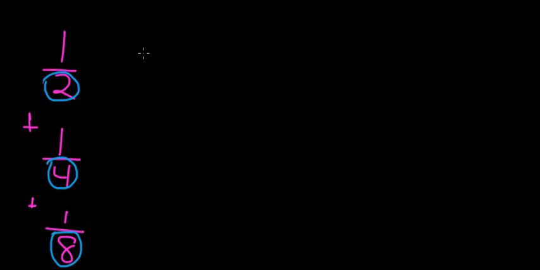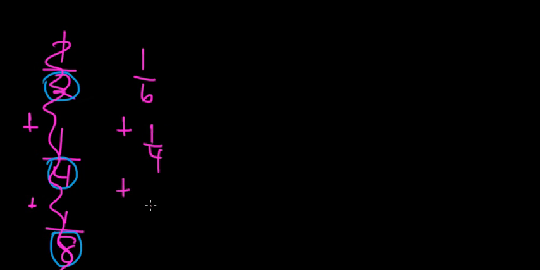So let's just scratch this for a minute. What if I had 1/6 plus 1/4 plus 1/8? How would I go about finding my lowest common denominator, Skylar? I would do the multiples, actually. Factors is not what I want to do.